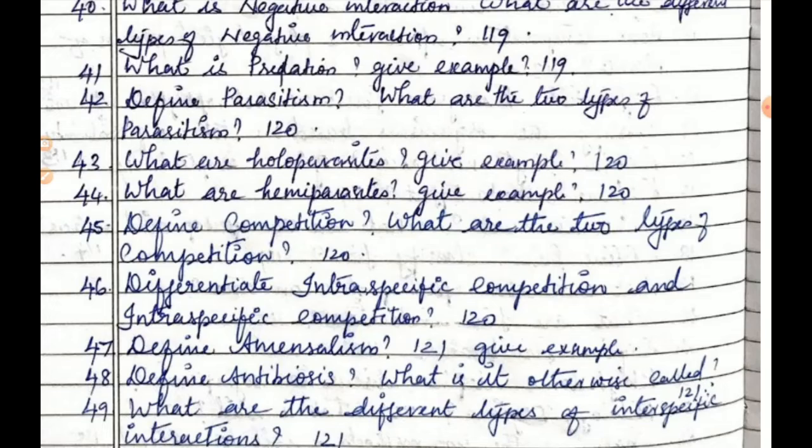For intraspecific competition, the example is not given. Food, habitat, pollination, they are all intraspecific.